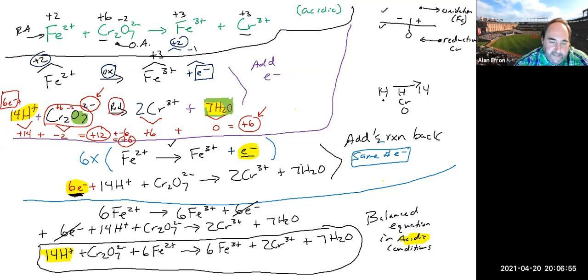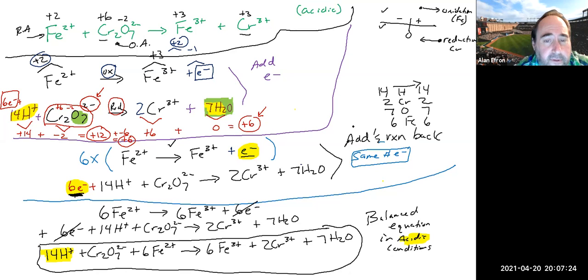Chromium on the left-hand side, 2. Chromium on the right-hand side, 2. Oxygen on the left-hand side, 7. Oxygen on the right-hand side, 7. I guess iron would be an important one to put there as well. Iron left-hand side, 6, and 6 on the right-hand side. So we have the exact same number of elements on each side.